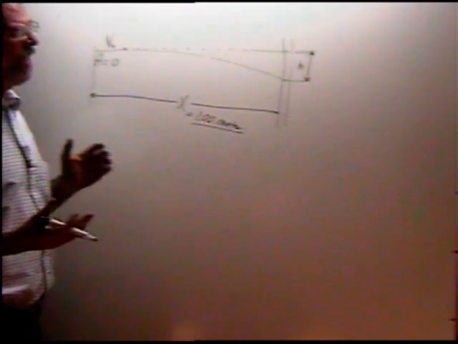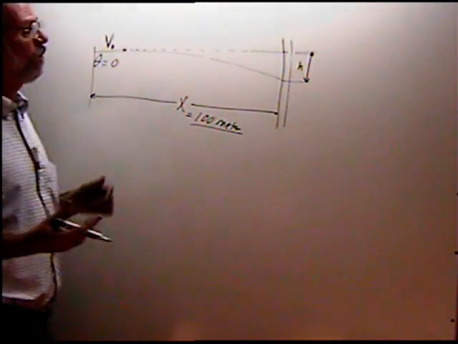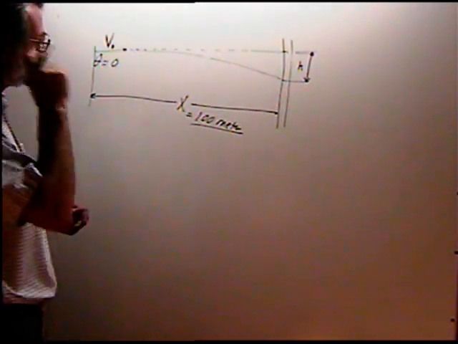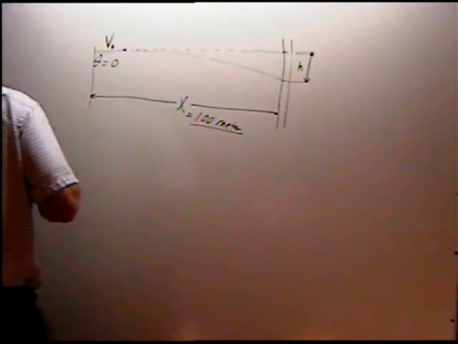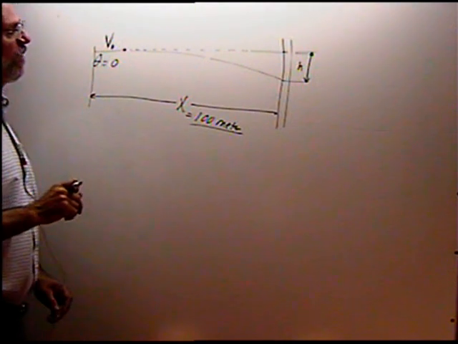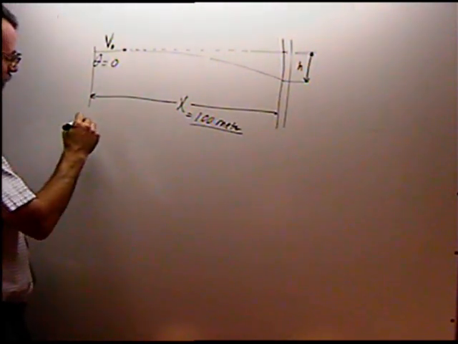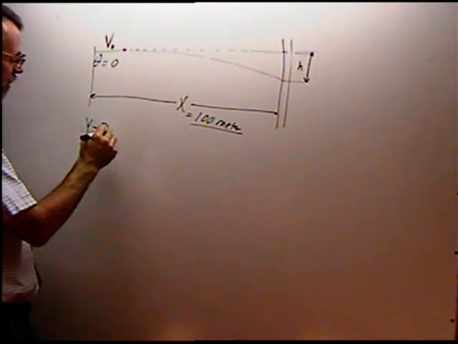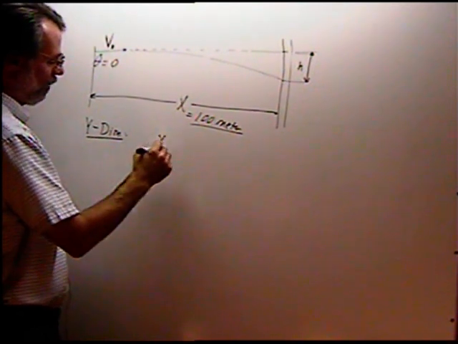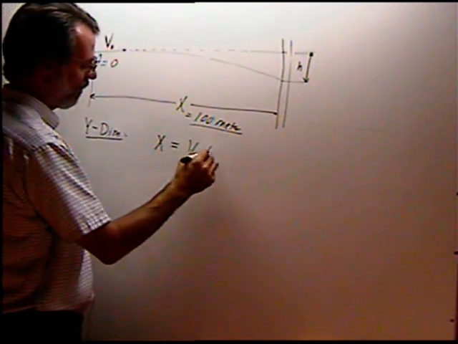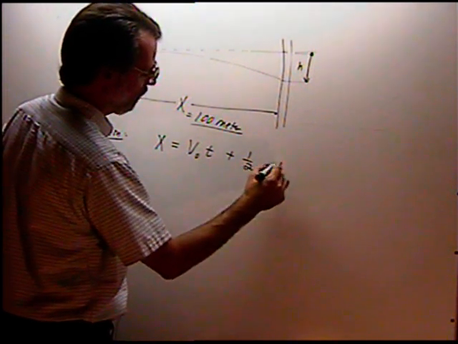It's similar in a way to the other problem that we just solved. In fact, it's actually quite similar. What we can do again is look at the equation, and we're going to look at this in the y dimension. We're going to say the equation x equals v0 t plus 1/2 a t squared.